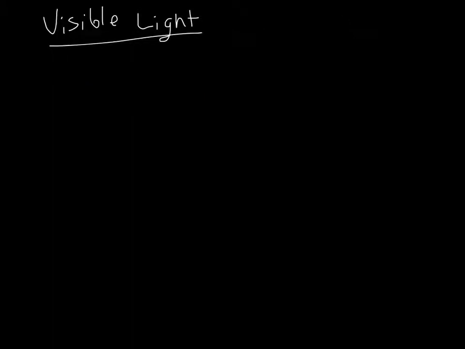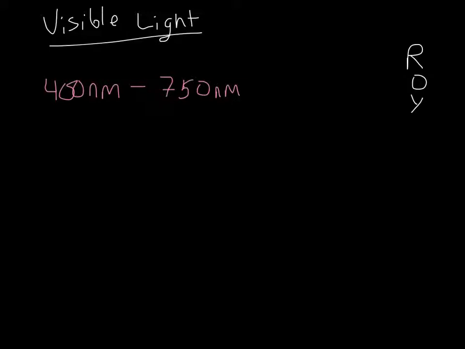The one spectrum of light we haven't talked about yet is visible light. Visible light ranges from about the 400 nanometer range to the 750 nanometer range. Visible light consists of the colors of the rainbow, so red, orange, yellow, green, indigo, blue, and violet, Roy-G-Biv, just like the colors of the rainbow.